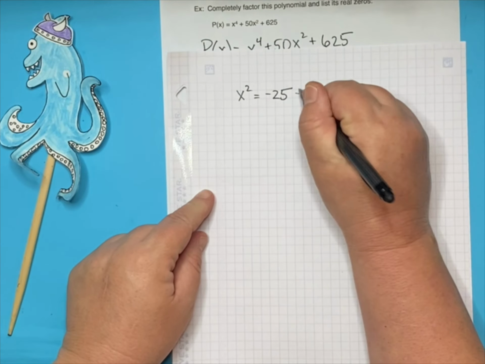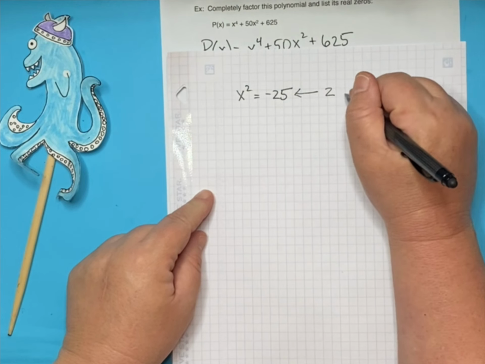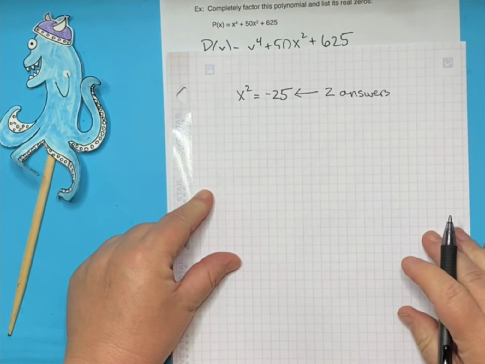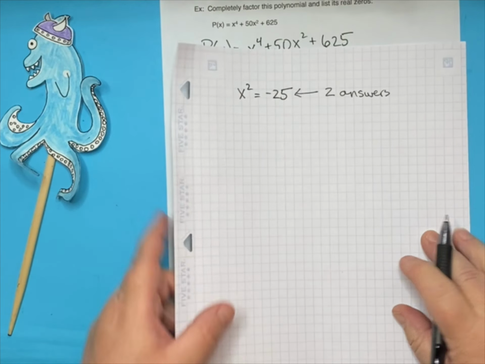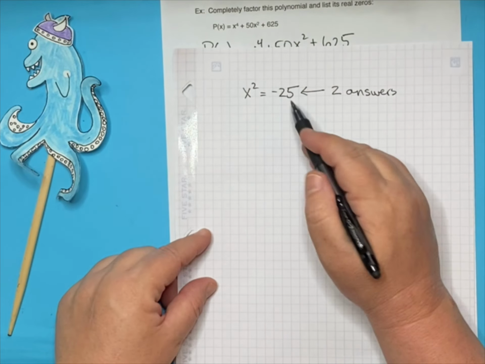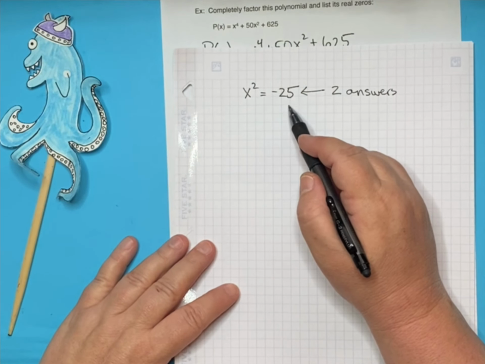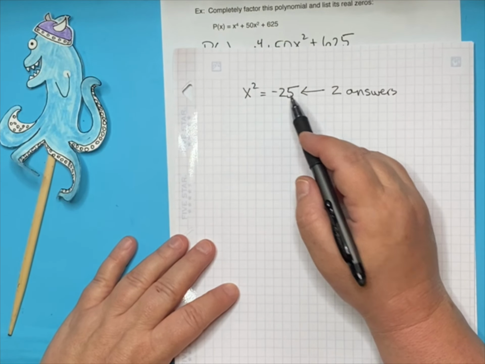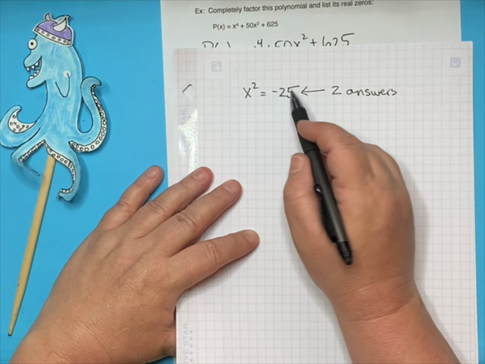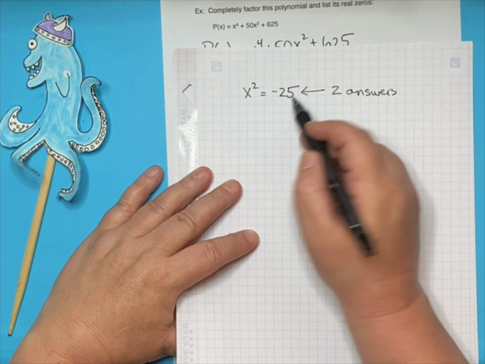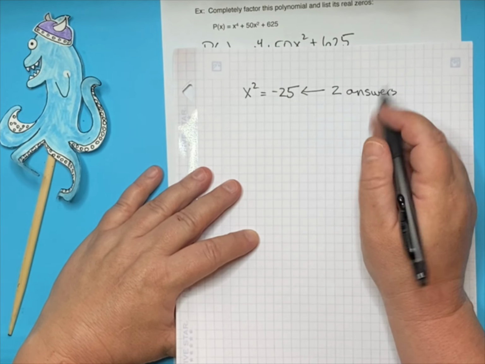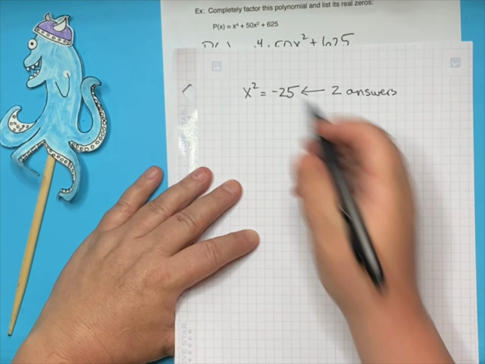This is actually 2 answers. They're just twinsies. Quadratic formula always gives you 2, but sometimes they're exactly the same. So what this is saying is that this x squared equals negative 25 counts for 2 different answers. Let me hold there. Let's keep going.